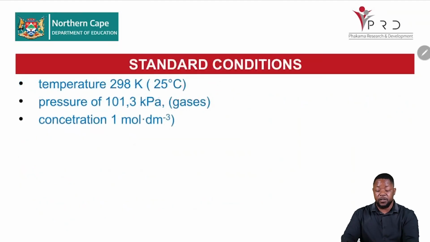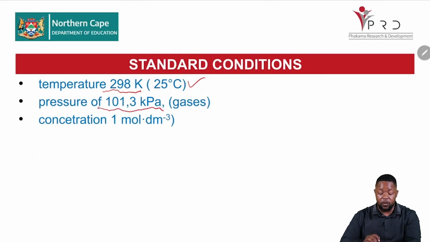The standard conditions. This cell that we are talking about works under standard conditions, and the standard conditions will be asked in the exam, and they are as follows. The temperature needs to be 25 degrees Celsius, which is equivalent to 298 kelvins. The pressure needs to be 101.3 kilopascals, and we are going to talk about pressure where gases are involved.